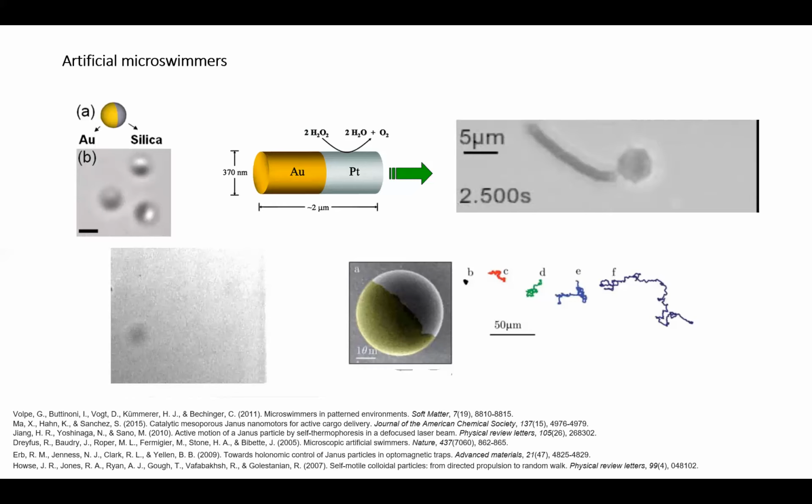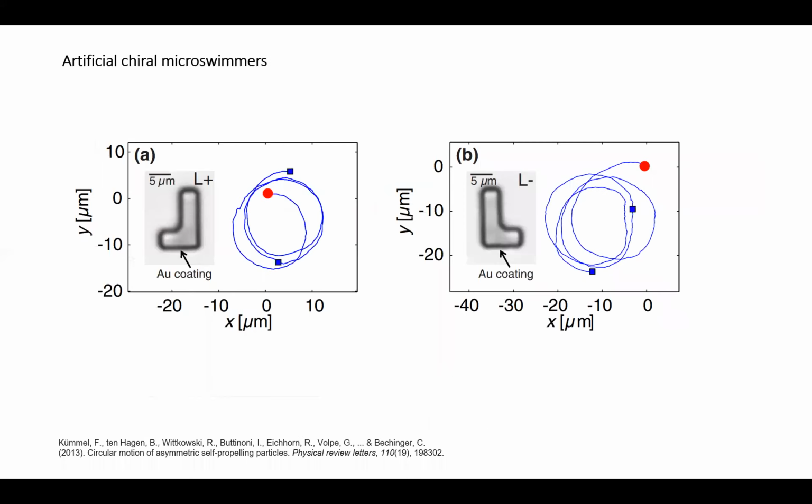Is this clear so far? And also we can, of course, make different kinds of microswimmers. For example, I mentioned chirality, right? As a particle is swimming in one direction, it can turn in one way or another. People can also do this the same way we create a propelling mechanism.